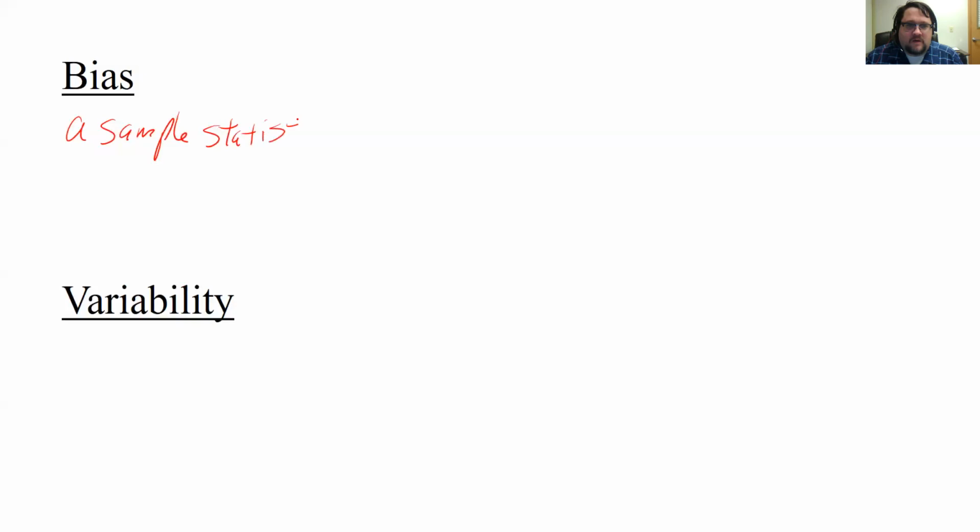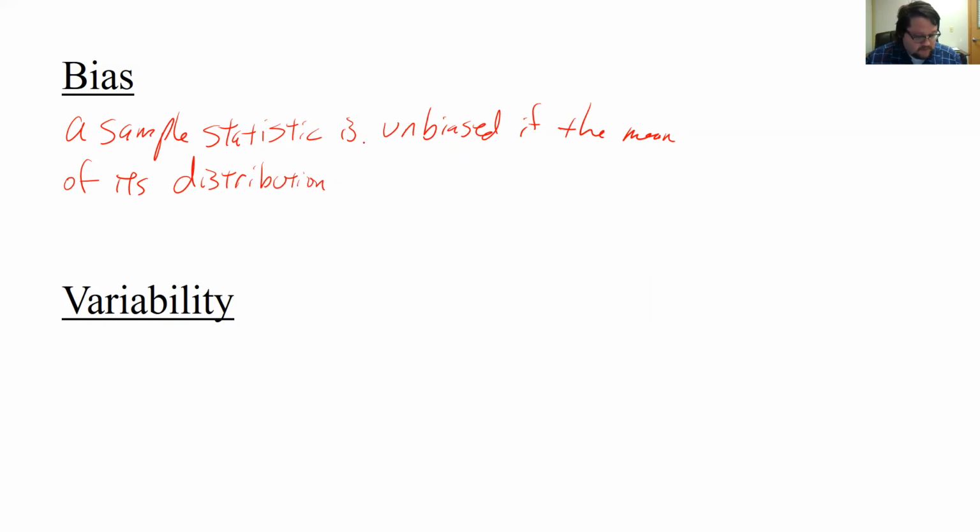A sample statistic is unbiased if the mean of its distribution equals the value of the parameter being estimated.